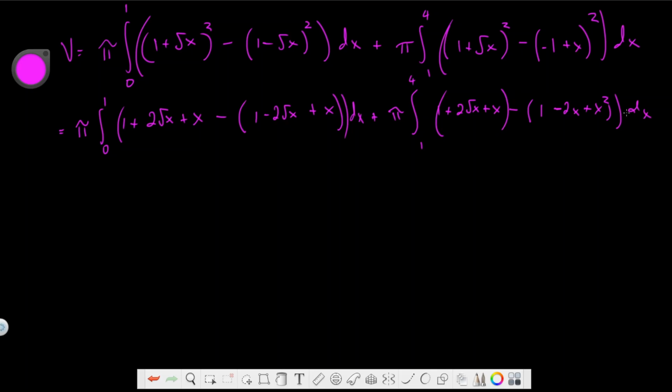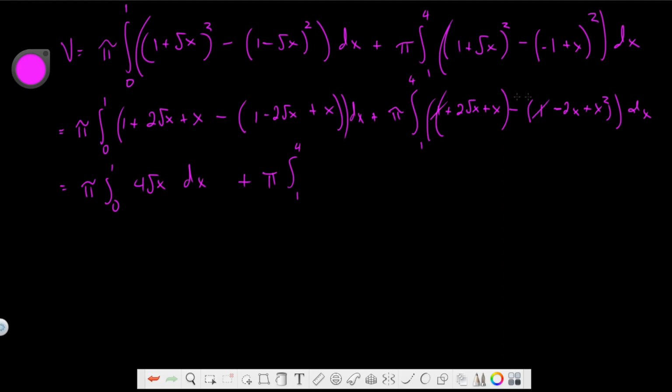And then let's go ahead and continue. So 1 minus 1, that's 0. 2 root x minus negative 2 root x, that's 4 root x. And then x minus x, that is 0. So that is that. That is nice. Let's hope that the other one follows suit. Over here we have 1 minus 1.